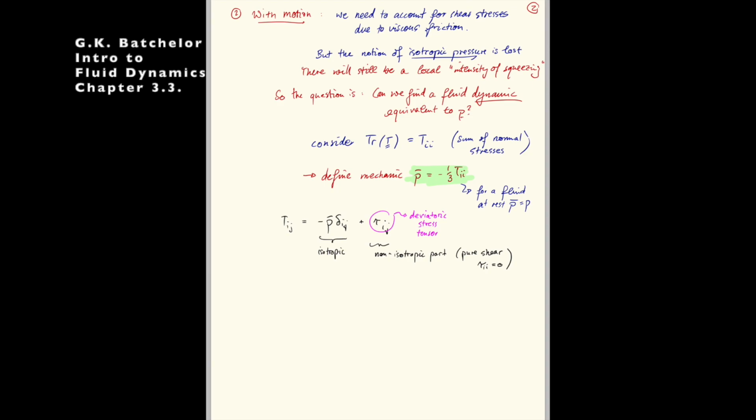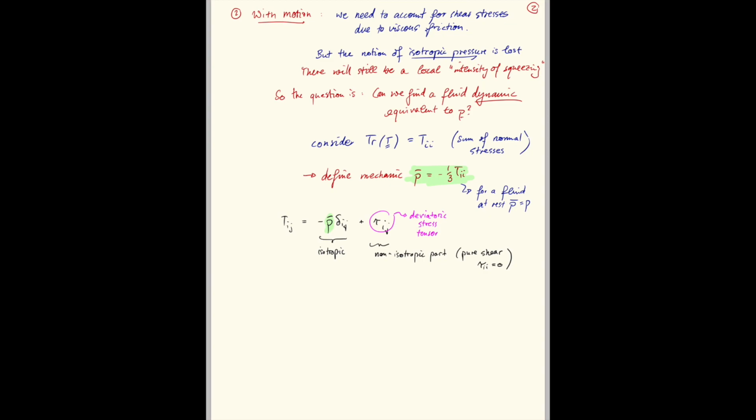This definition of the stress tensor and the partition into P and tau, as it's written here, is actually slightly different than the formulation in Kundu, and it's the version of G.K. Batchelor's Intro to Fluid Dynamics, and you can look that up in detail in chapter 3.3 of the Batchelor book.